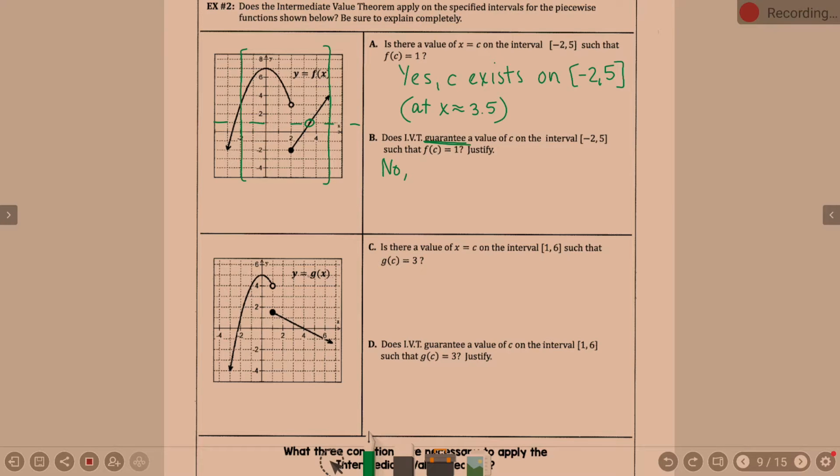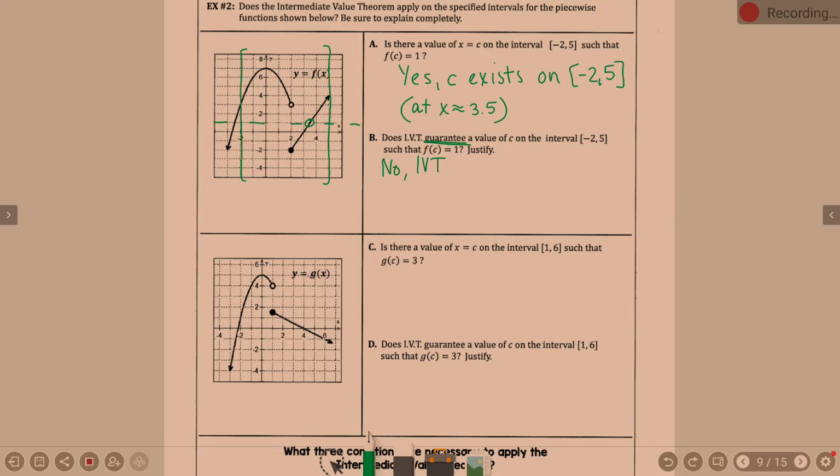The reasoning? It's not continuous. Now, I've got wording written down here. If we use complete thoughts, I feel like it's fancy. No, IVT does not guarantee a value of x equals C on negative 2 to 5, since f of x is not continuous. That's the key.